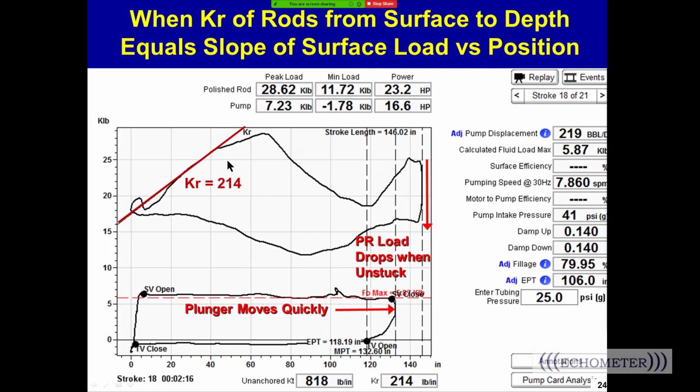All right, so Dr. Pody and I were discussing this one day, and we were talking about the spring constant, and one of us said, hey, look, that slope right there and that slope are different. That means this is a stiffer rod that's stretching, and this means it's the spring constant of the entire rod string stretching right there.